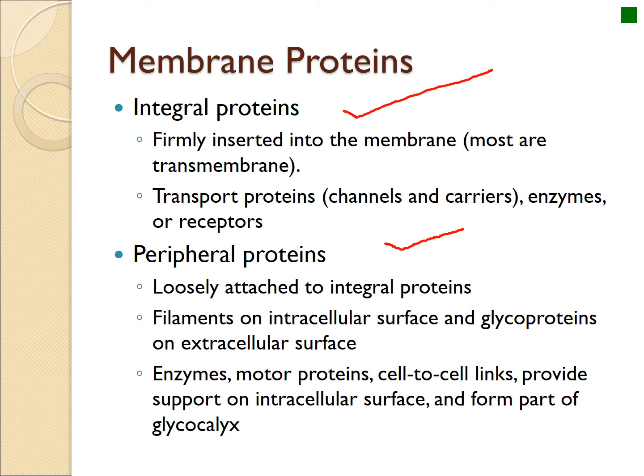And certain external peripheral proteins are going to be things like antigens, like something called the major histocompatibility antigen, which helps you to detect disease and also to determine how the immune system is going to respond to foreign objects in your body, and also how it responds to cells in your body that are sick and need replacing.